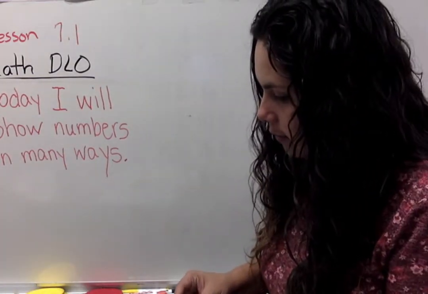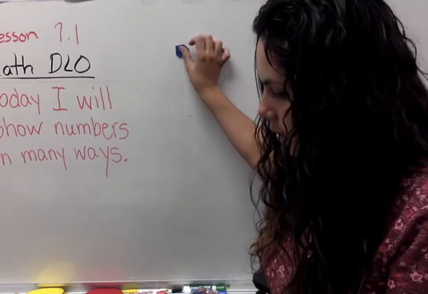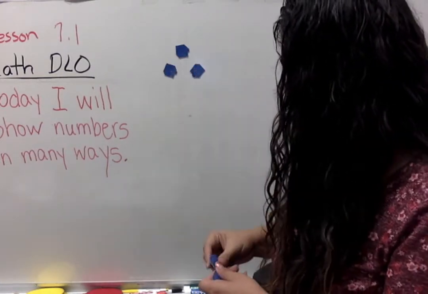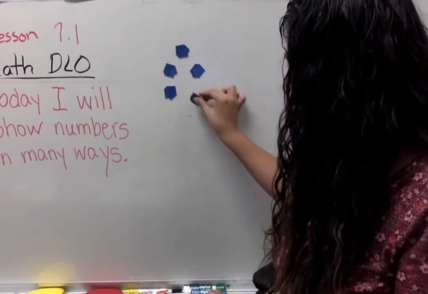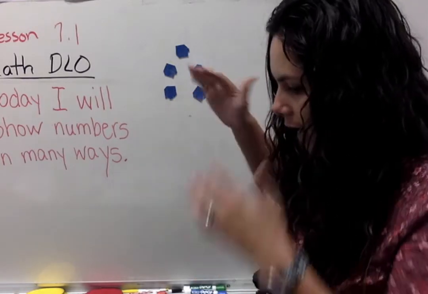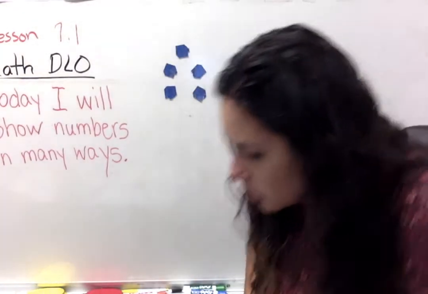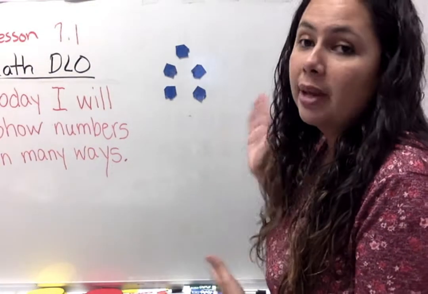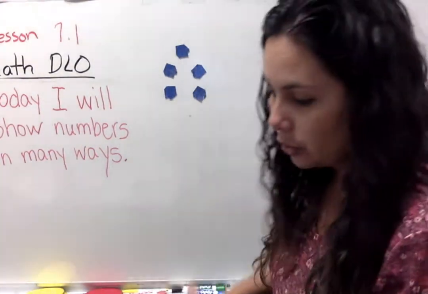I have 1, 2, 3, 4, 5. Here are my 5 cubes, okay? So how they do it, and I'm going off of the example so you guys can be familiar with it for when we do it next quarter, okay?